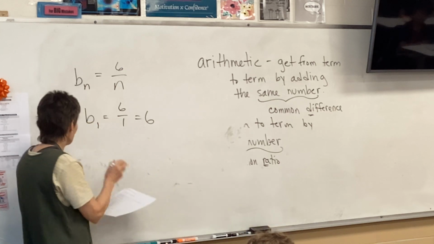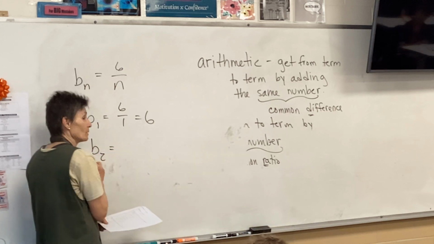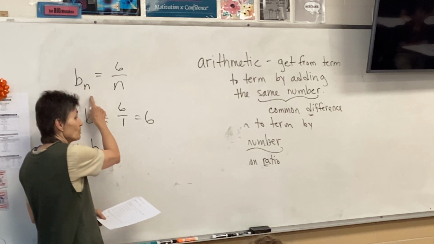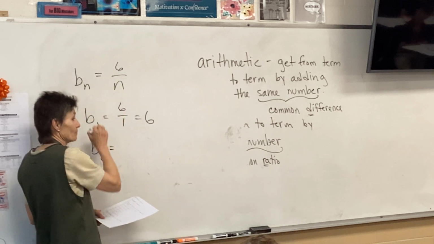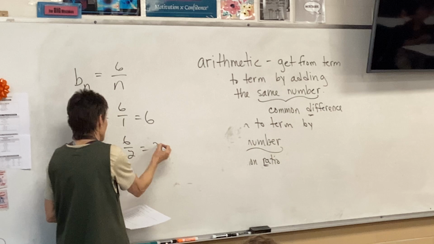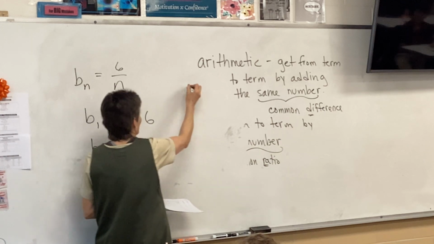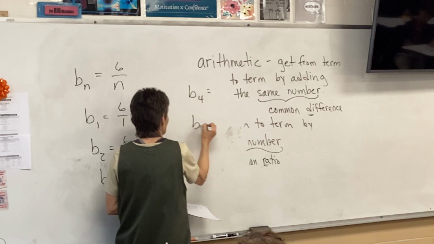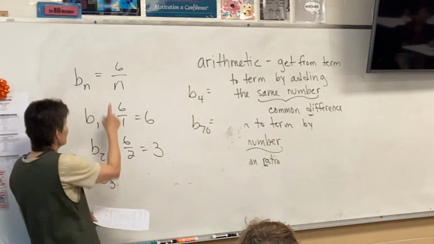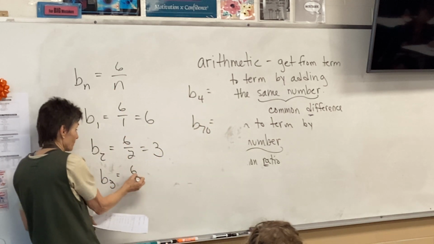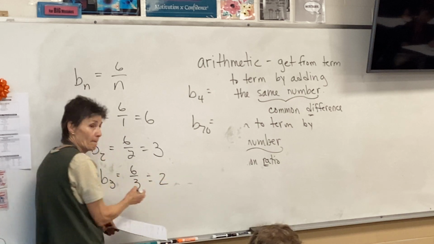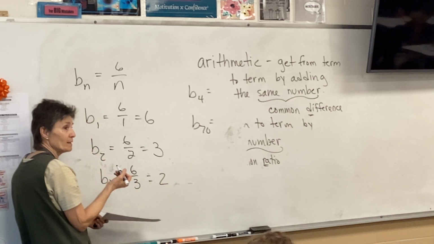And then it says find B sub 2. Okay, what would B sub 2 be? 6 over 2, which is 3. B sub 3, I'm going all the way. Alright, so B sub 3 would be 2. You see what I'm doing here, guys?